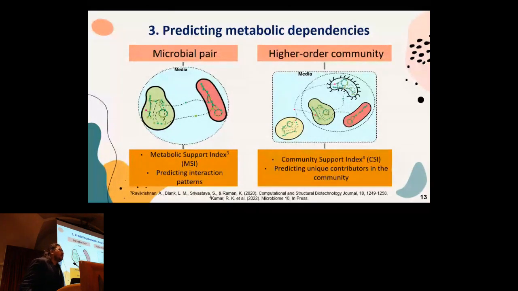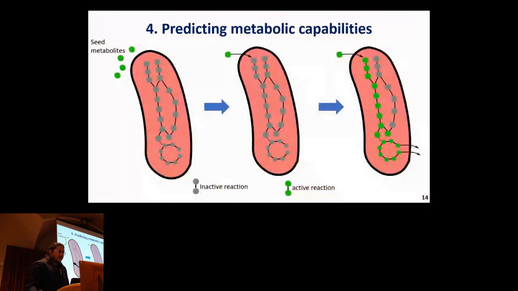When you remove these microbes from the community, the whole community will lose that particular metabolic capability. So finding these unique contributors and the interaction patterns of microbes will tell us a lot about the microbiome itself.